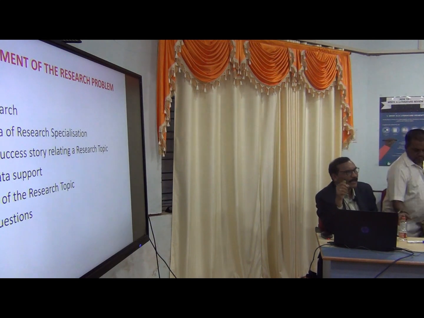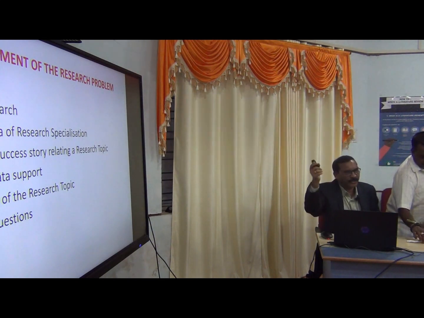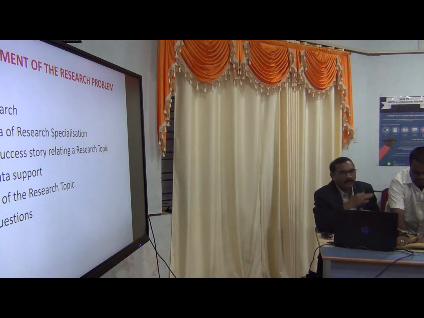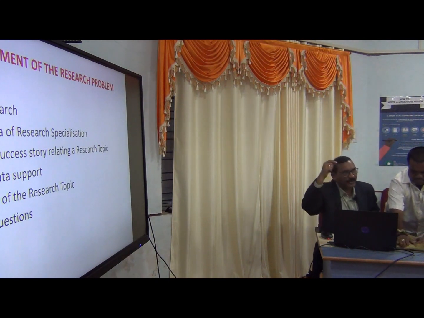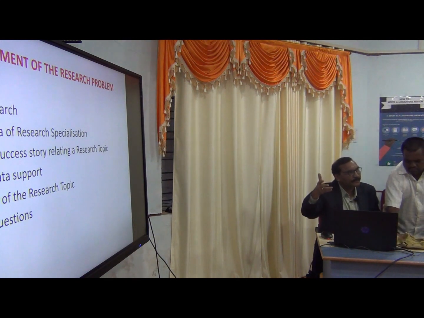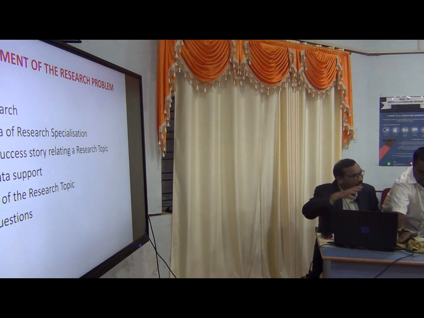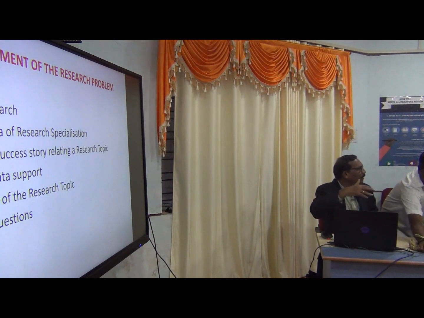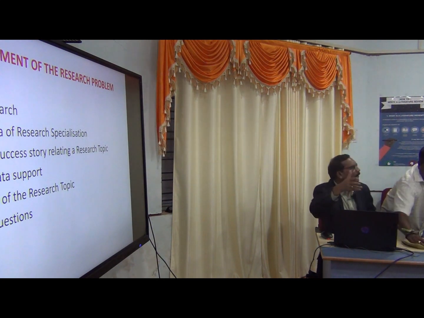Number one, is the government playing a vital role in higher education development in India? Number two, is higher education development in India up to the mark? Number three, are there disparities in higher education development across rural and urban areas and between males and females as well?